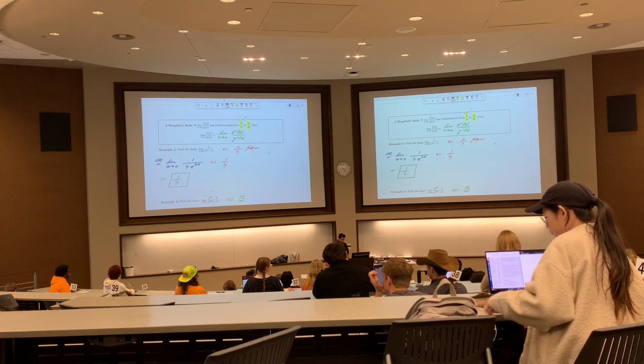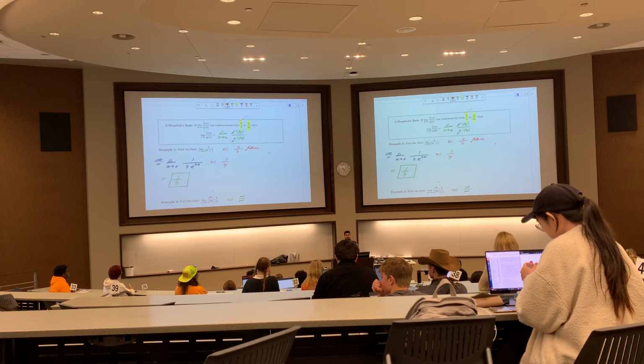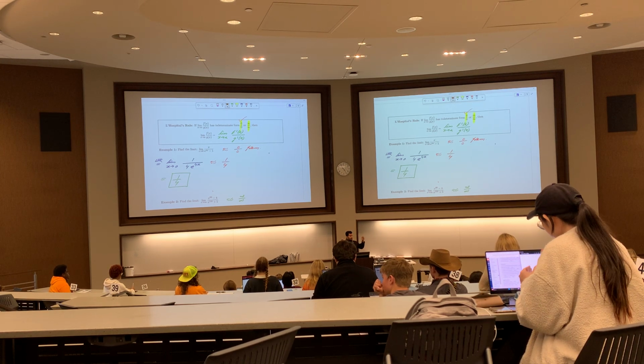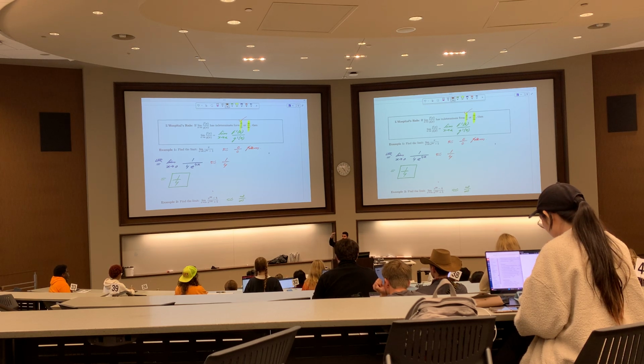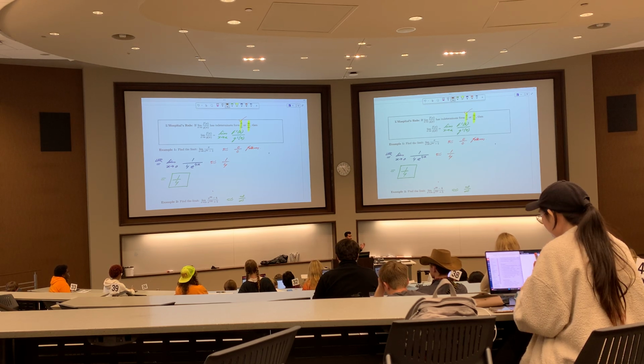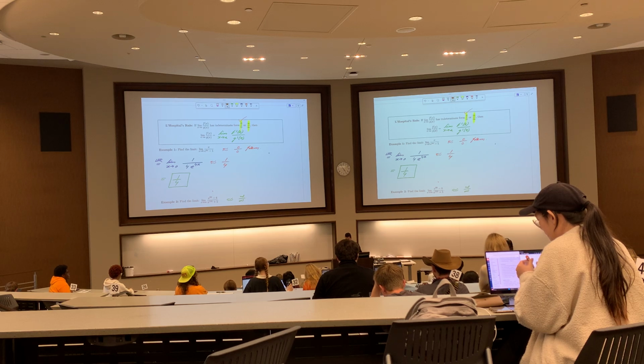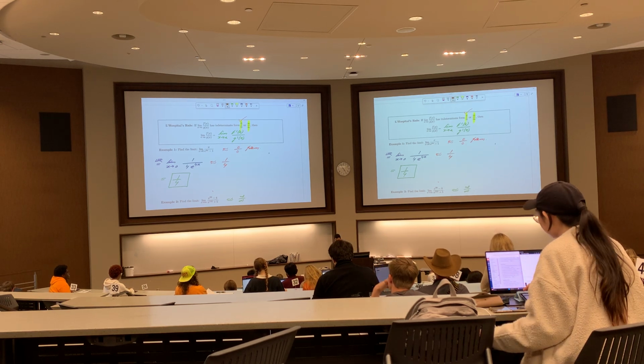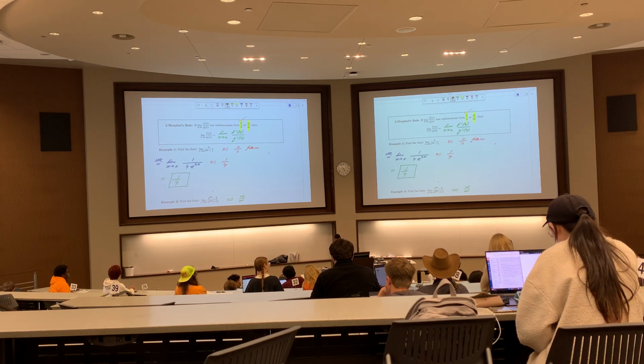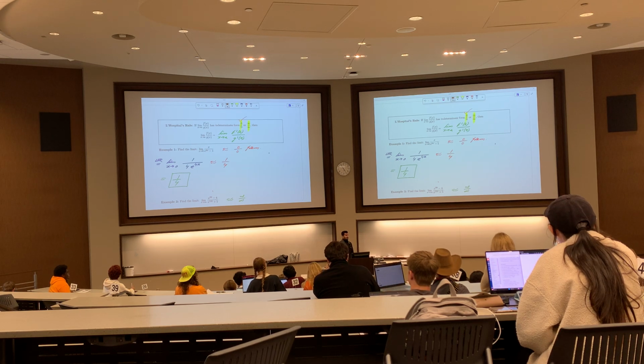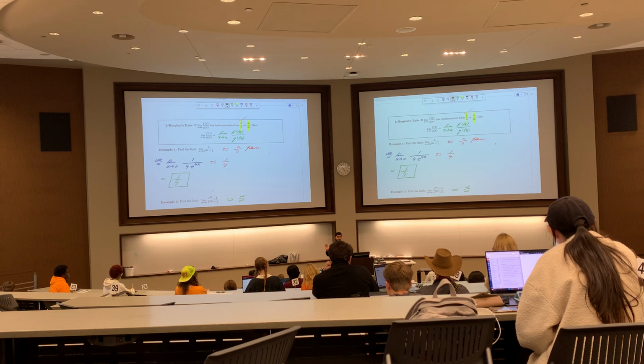L'Hopital's rule clearly says we can apply it under a certain condition, that is infinity over infinity or 0 over 0. So for the other indeterminate forms we've seen so far, like 0 times infinity or infinity minus infinity, according to this rule, you're not allowed to directly apply L'Hopital's rule.